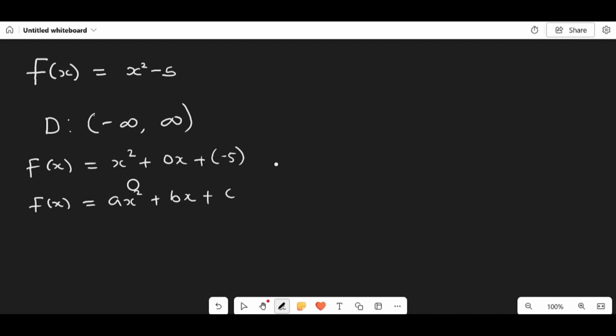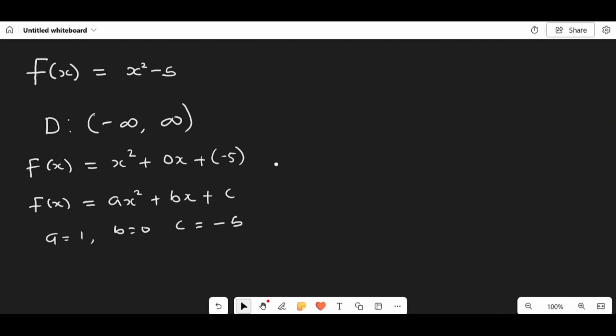If we compare these two equations together, the coefficient of x squared here is 1. So our a is 1. Our b also is 0, whereas our c is minus 5.